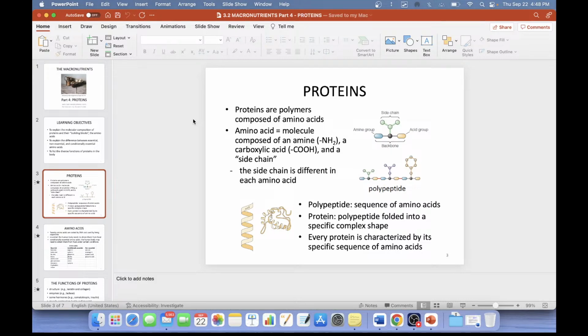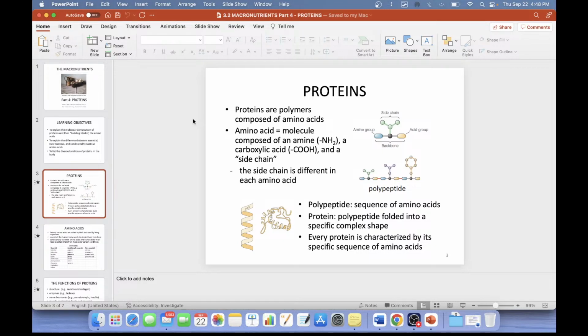And since proteins have very specific functions to perform inside living organisms, in order to be able to perform those functions correctly, they have to have the right shape. If they lose the shape, they are no longer functional. And a protein that has lost its shape is called denatured.